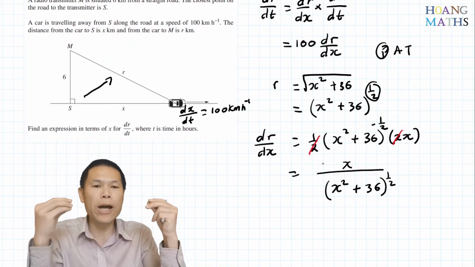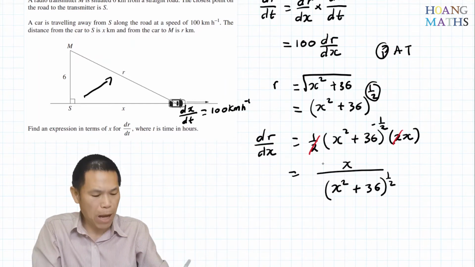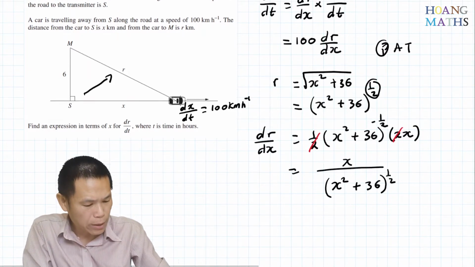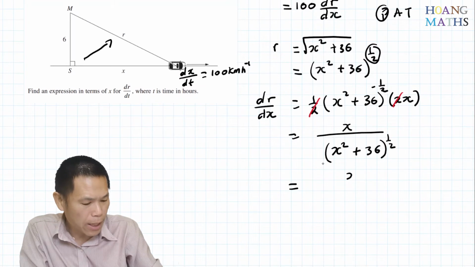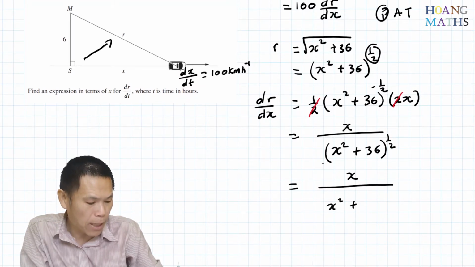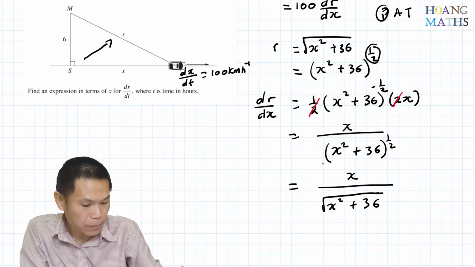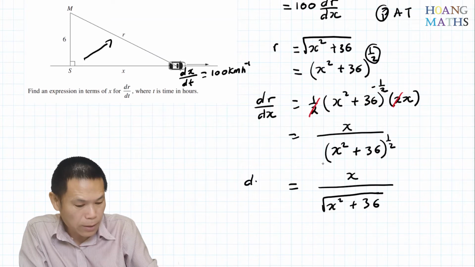But then I'm going to write it in surd form. So power half is square root. Let me just move this up a bit. So that will give me x over the square root of x squared plus 36. So this is dr/dx.